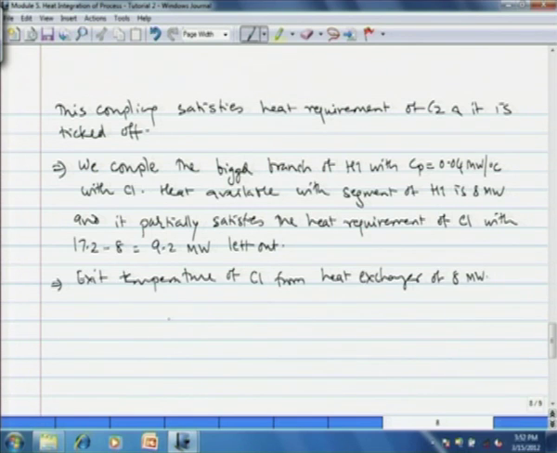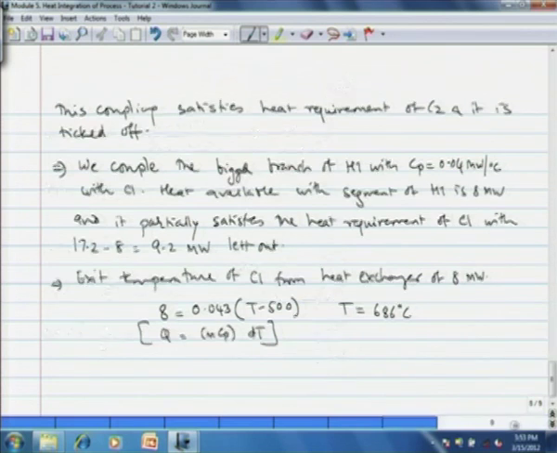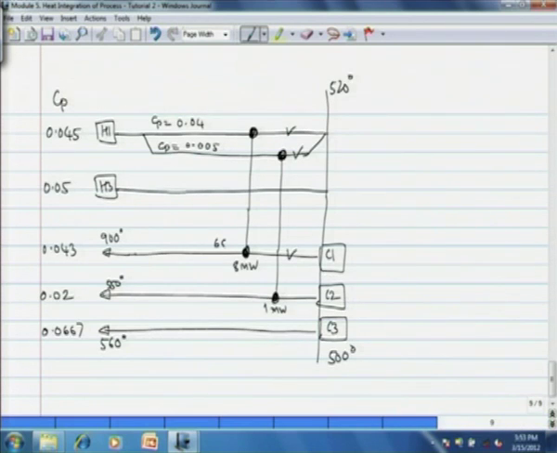So, we write a simple equation, 8 is equal to 0.043, the heat capacity flow rate, into T minus 500, and then determine T to be 686 degrees centigrade. So, this is essentially Q is equal to mCp into dT kind of relation. Okay. And then we determine the intermediate temperature of stream C1 as 686 degrees centigrade, and we write it here, 686 degrees centigrade. Okay.